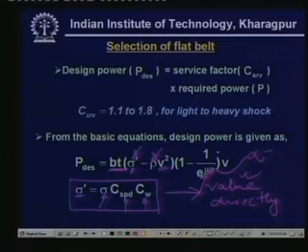So, all these things are known to you. What is unknown? You do not know the value of B t. Once you can get this value of B t from this equation, then you get the cross sectional area.